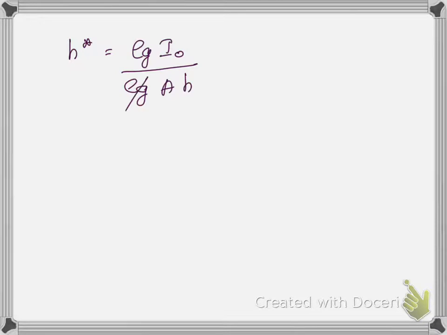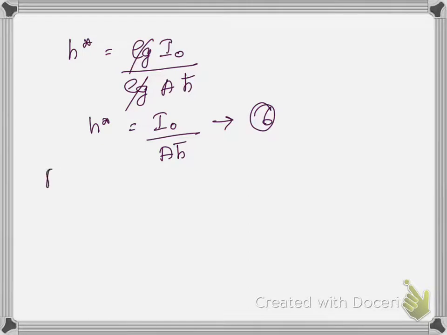So I can cancel this rho G. My H star will be equal to I naught by A H bar. I keep this as equation number 6.